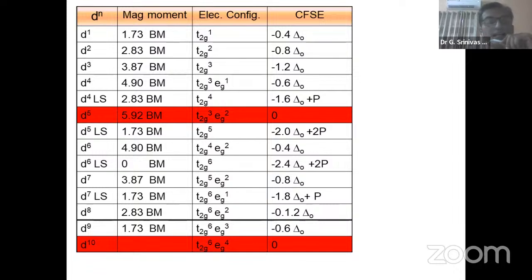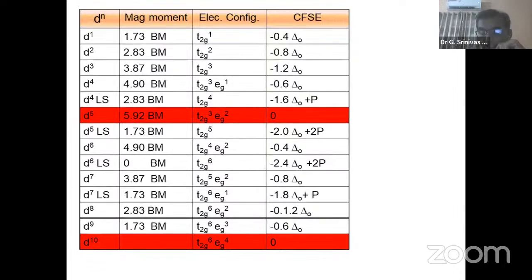Basically, in this slide, I have mentioned the low spin and high spin complexes and their crystal field stabilization energies. You can see this. We can make a number of multiple choice questions on this table, and if you are aware of this, then you can easily solve the questions.